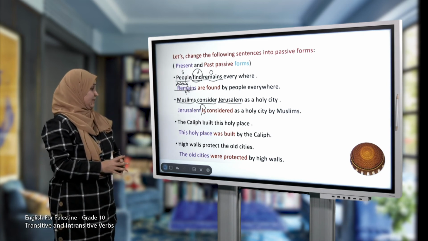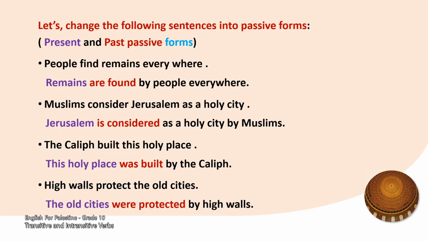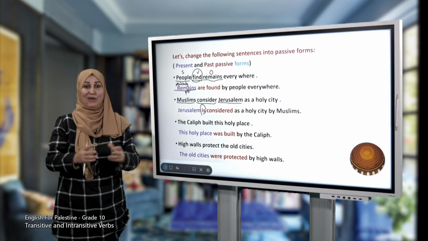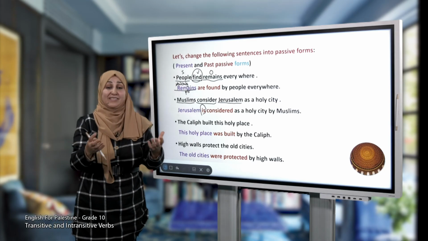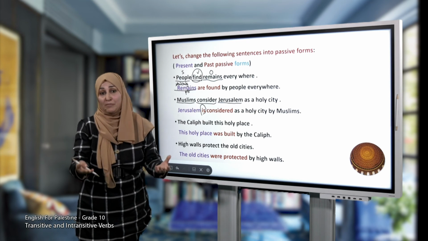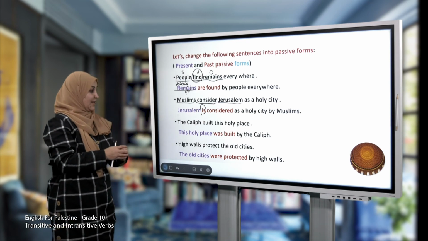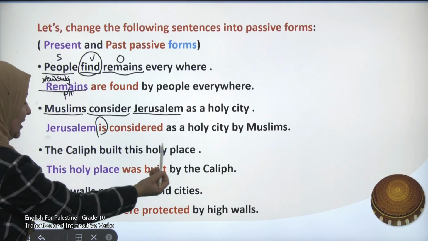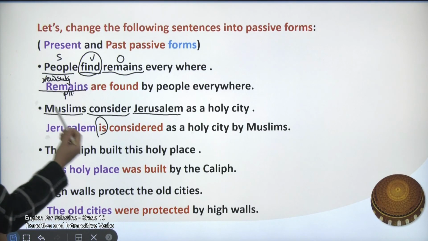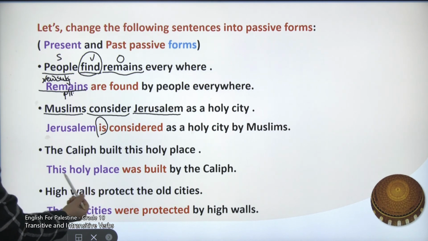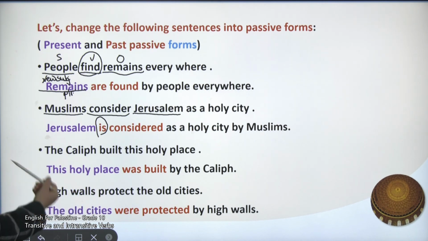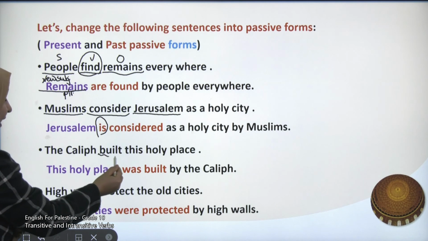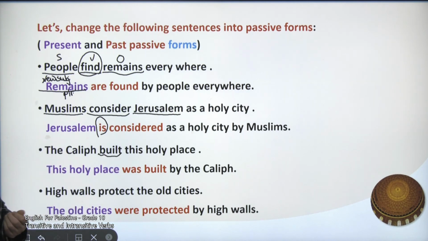Number 3. The Caliph built this holy place. Again, where is the subject? Where is the verb? And where is the object? Okay, the object is this holy place. So it becomes the subject, and the verb is built, which is past.